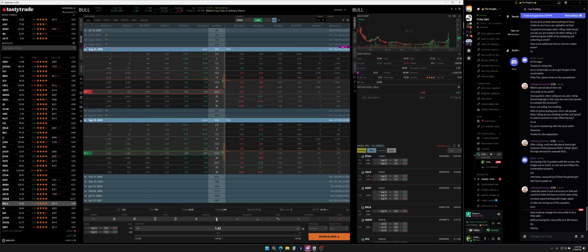Max loss now is going to be $143. Max gain is undeterminable. That's why it says 0 here. It's hard to really know, because technically you could allow the short leg to expire if it doesn't hit 2250. Then you're still long the 1750, and you could open up another short leg in the future.